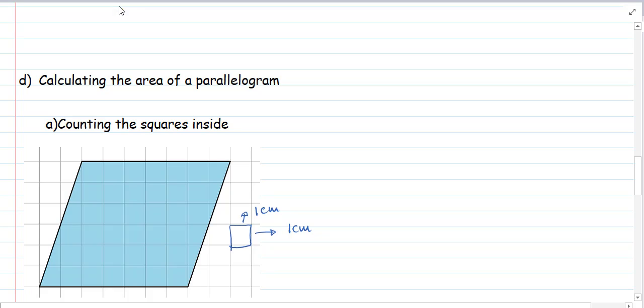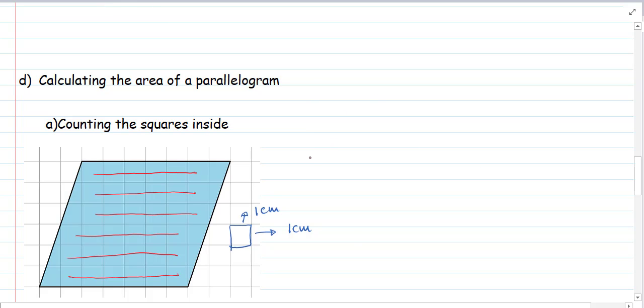Let's try. Here you can see 1, 2, 3, 4, 5, 6 completed squares. 1, 2, 3, 4, 5, 6, another 6 completed squares. Same thing here, 1 to 6, and again 1 to 6, another 6, and another 6.